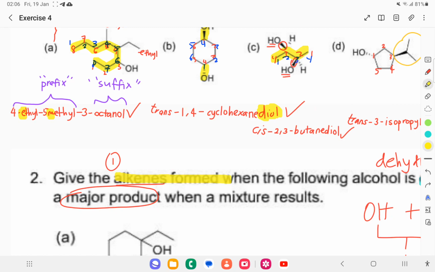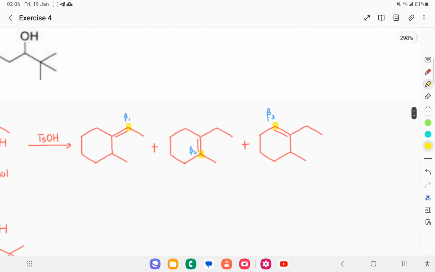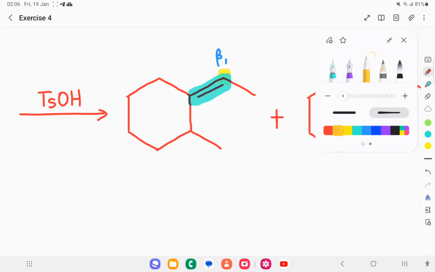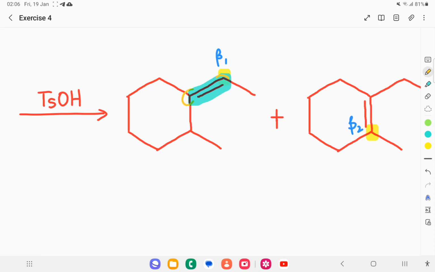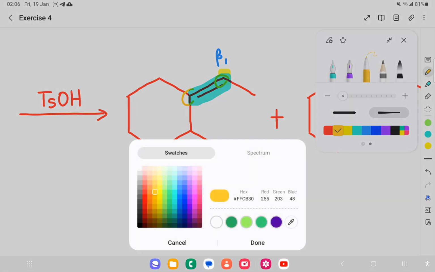Next we are going to label which one is the major product. So we need to determine the substitution of the alkenes formed. Firstly, look at this carbon-carbon double bond. I will use green color.